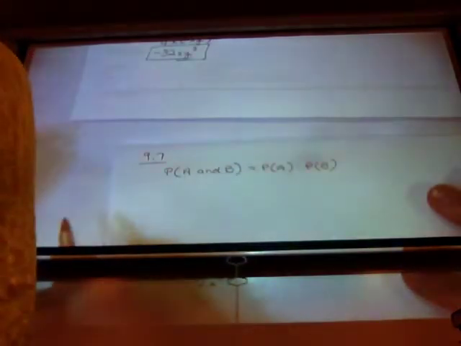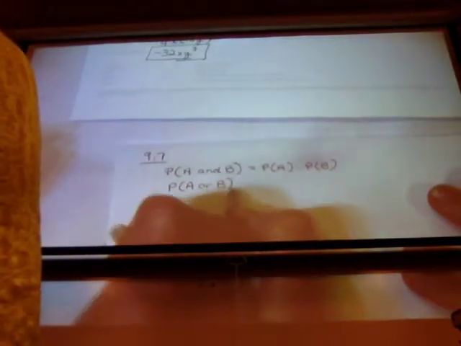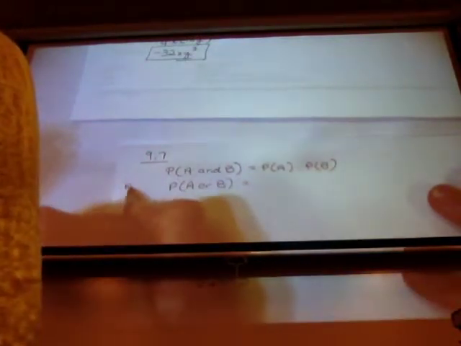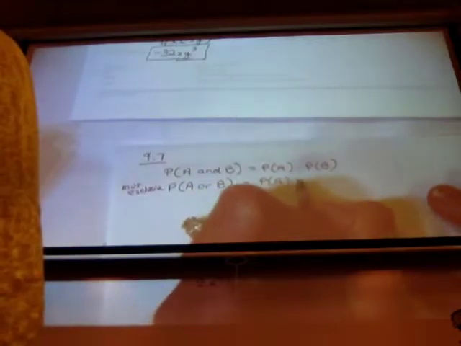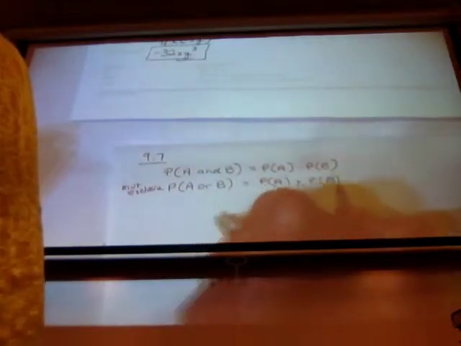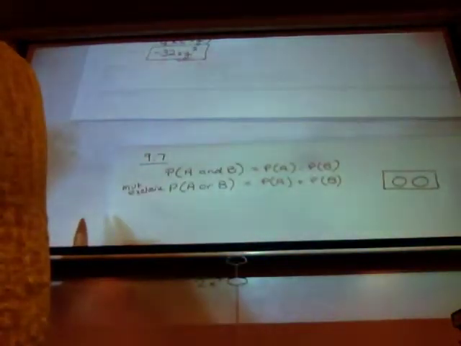And if you have the probability of A and B, everything we've done since the last test, you multiply them. Okay, if they are mutually exclusive, it's the probability of A plus the probability of B. If they're mutually exclusive in a Venn diagram, there's nothing overlapping.